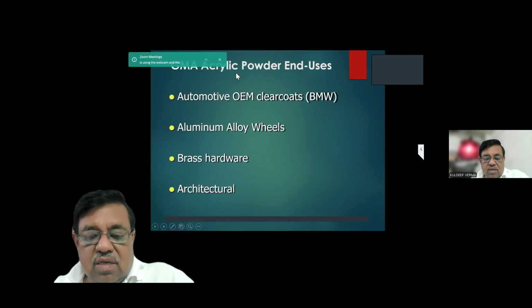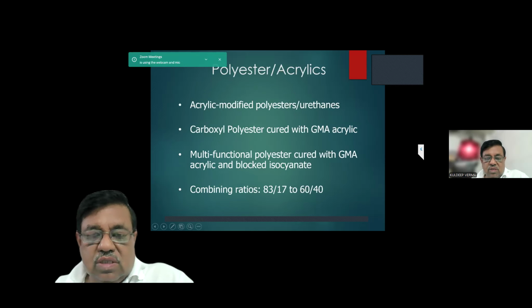GMA acrylic is sometimes used in polyurethane and outdoor polyester systems, polyester TGIC systems, just to make a low gloss level product, because this is incompatible.